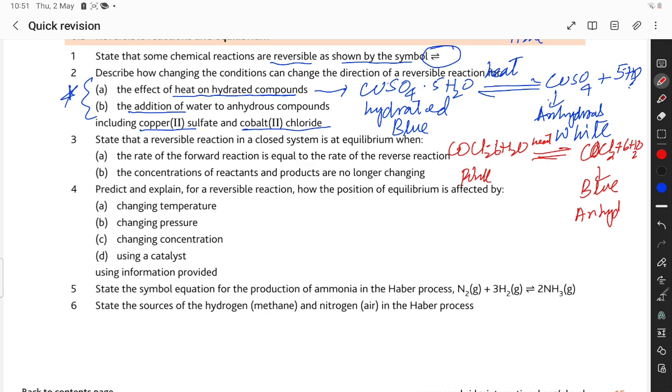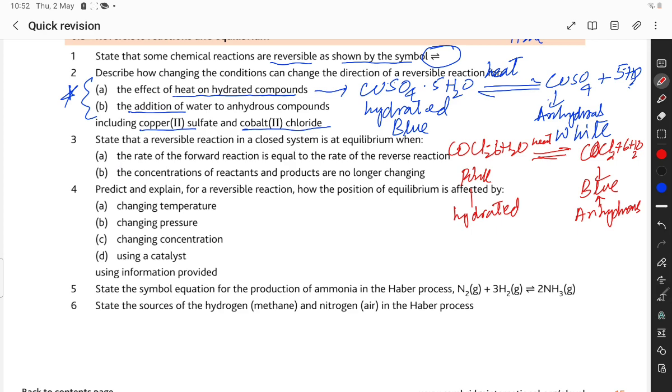Hydrated, with water, it is pink, so you should know both of these compounds.